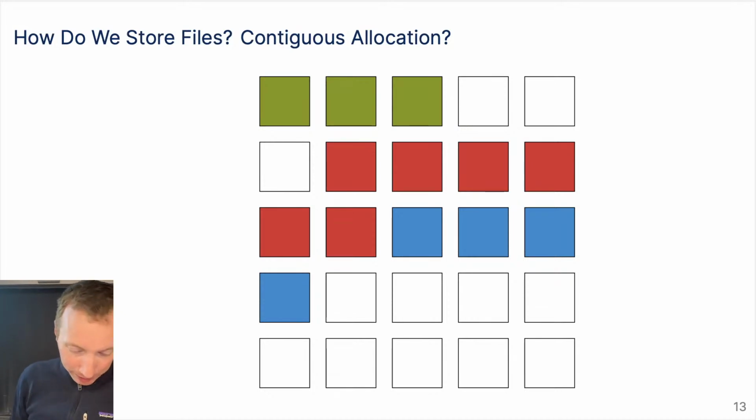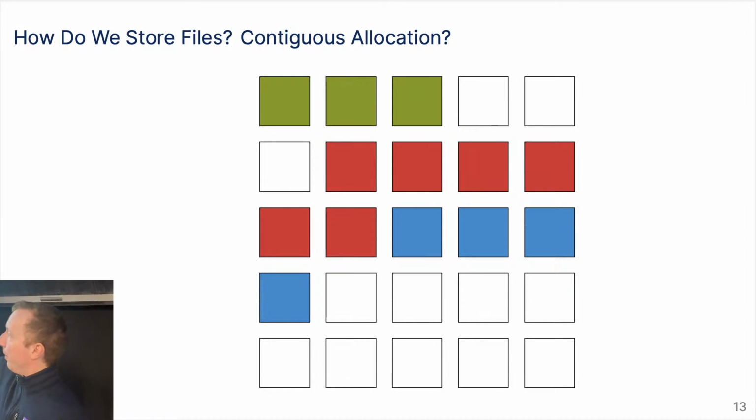If I wanted to make the red one bigger, assuming this is all my blocks, I couldn't actually move the red one, because if I move it down, oh no, I could move it down. So I could move it after the blue one and then give it another block. Or I could move the blue one, which is probably smaller, and then give the red one another block.